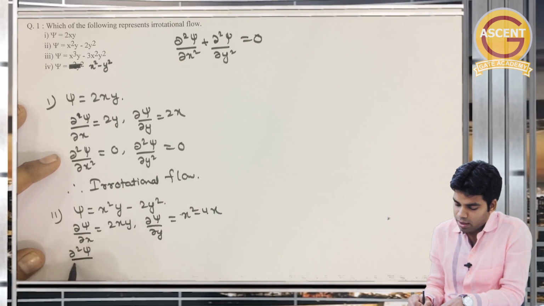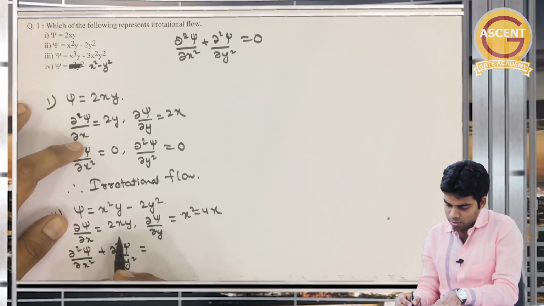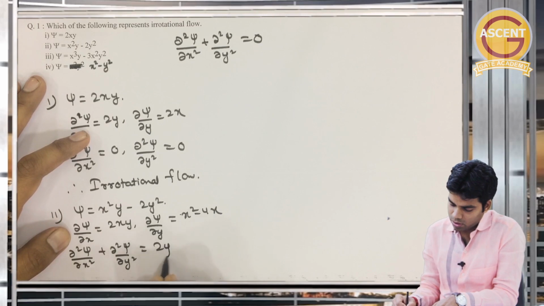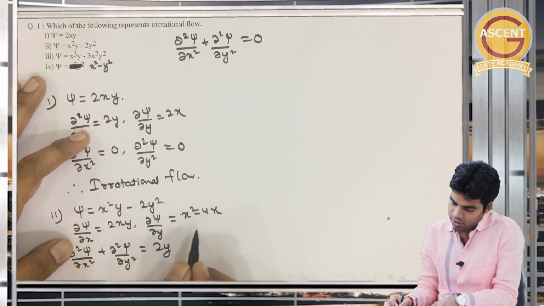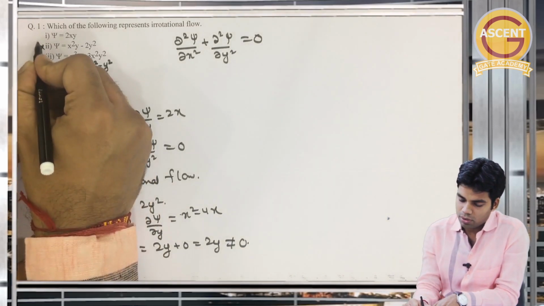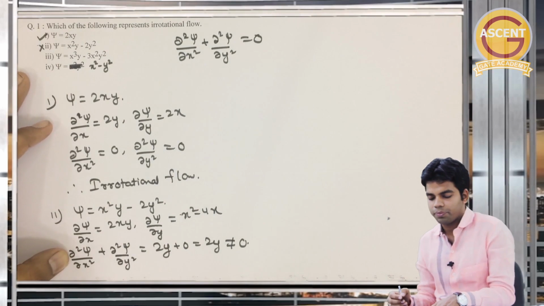Now del 2 psi by del x square plus del 2 psi by del y square will be equal to what? Differentiate this with respect to x once again, 2y, and differentiate this with respect to y, minus 4. So this will be 2y minus 4, which is not equal to 0. So this is not an irrotational flow.